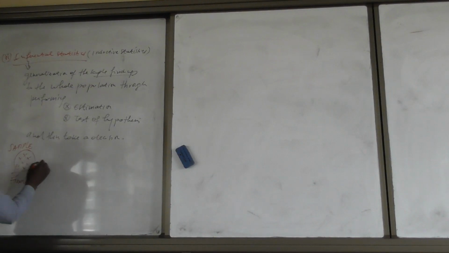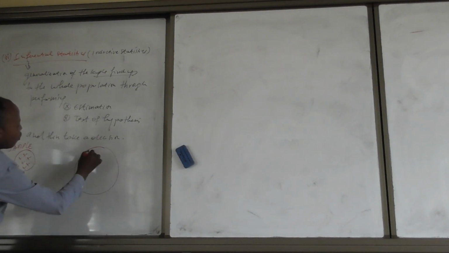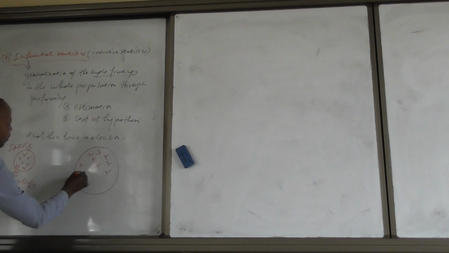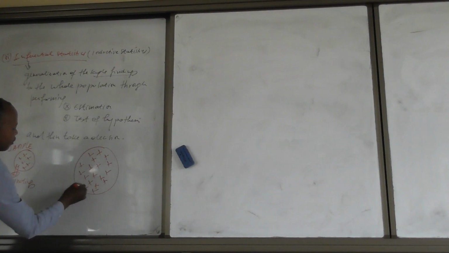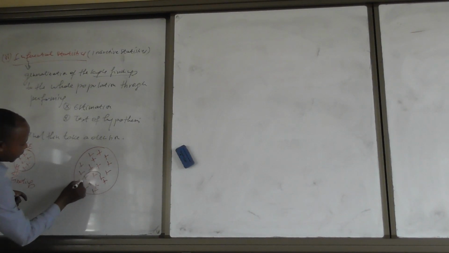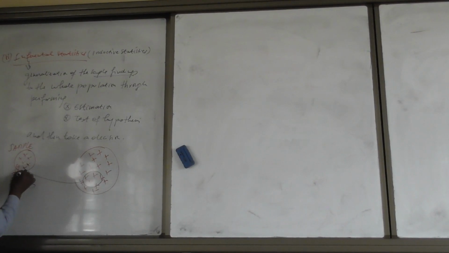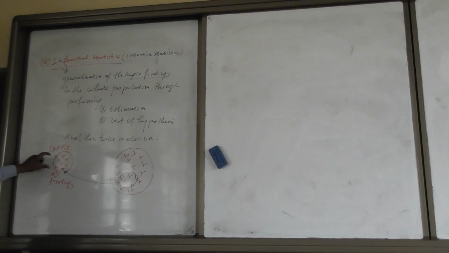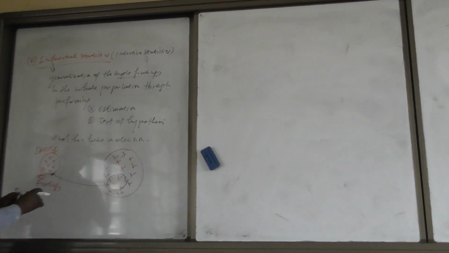And this sample must be drawn from the population. Maybe you take a sample like this and bring it here. Then you do analysis from this sample data, and then you generalize to the whole population.